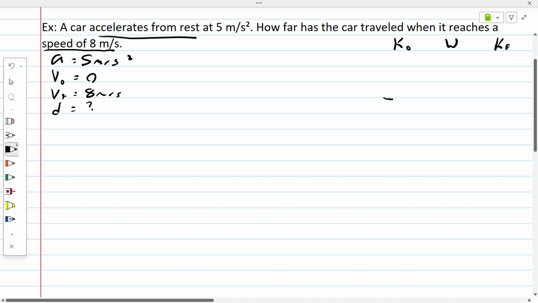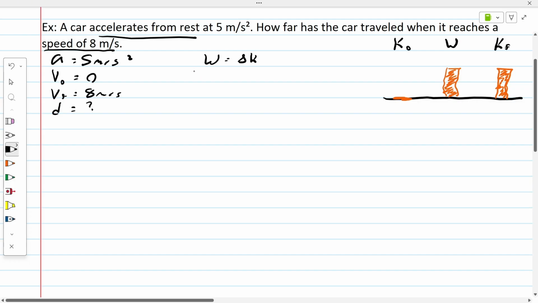So let's fill in our graph over here. In this case, we know the velocity initial is 0, so there's going to be no kinetic energy to start. But then it reaches some kinetic energy when it has the velocity of 8 meters per second. So that means this work is going to be equal to the final kinetic energy. And so we can start with the original equation, saying work equals change in kinetic energy.